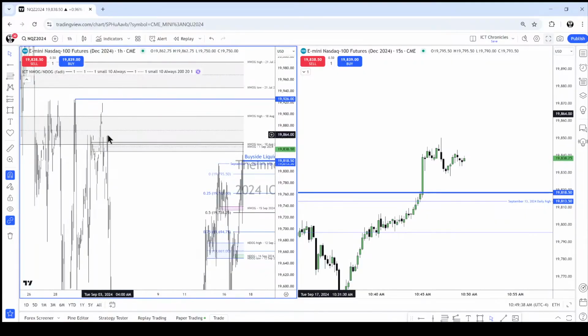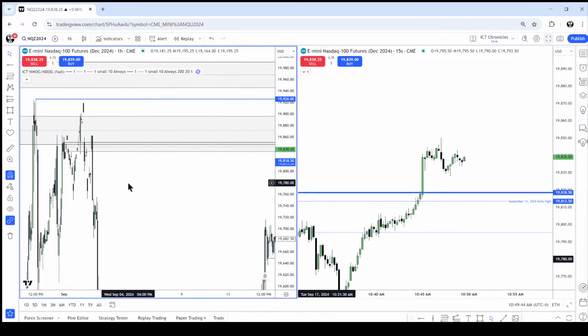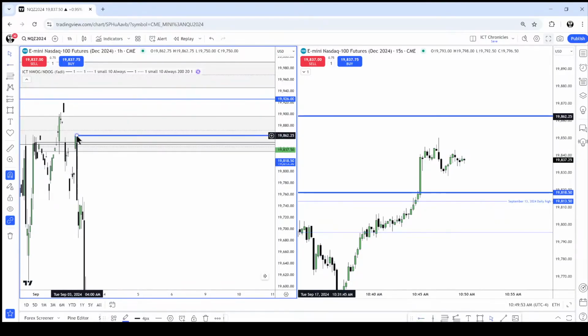All right, so we have this high right here. You see that? Let me widen this out a little bit. For the December contract, we have this high. It's moving still closer to the 19,926 level.